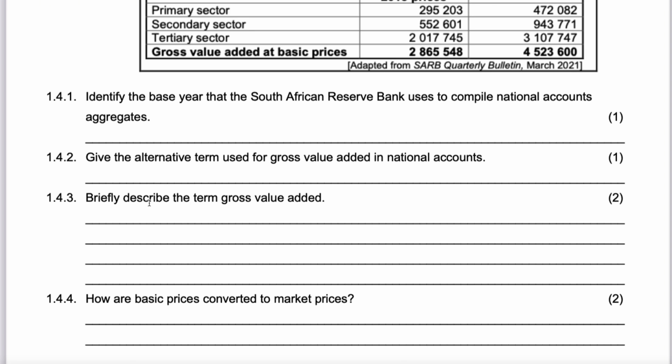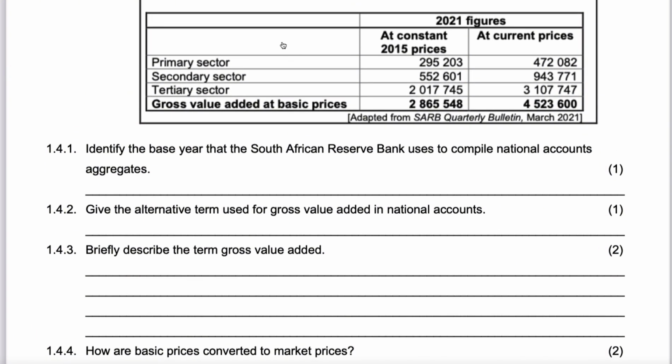Now, what we need to say on this one is that it's the value that is added on the goods at every stage of the production process. So what it means is when the primary sector produces, say, wheat, we then sell the wheat to the secondary sector, which then grinds the wheat.